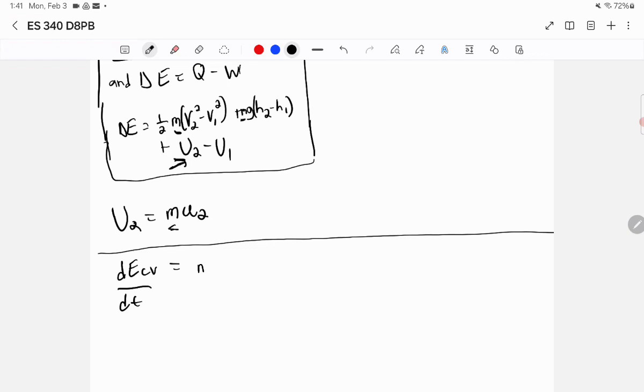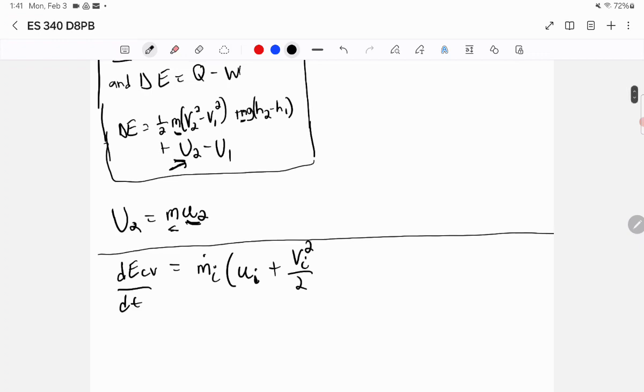Now this is going to be equal to m dot i. So this is all of the mass that was flowing in the inlets, times lowercase ui, which is obviously my specific internal energy, plus vi squared over 2. This is for a single inlet and single exit.